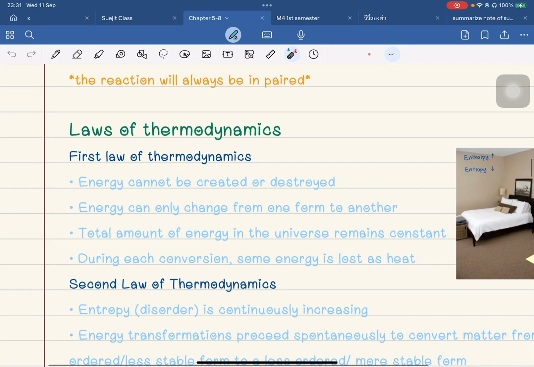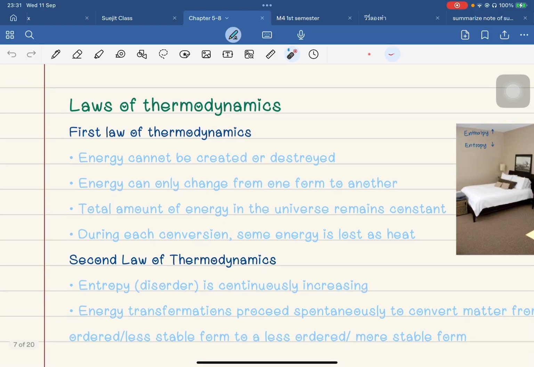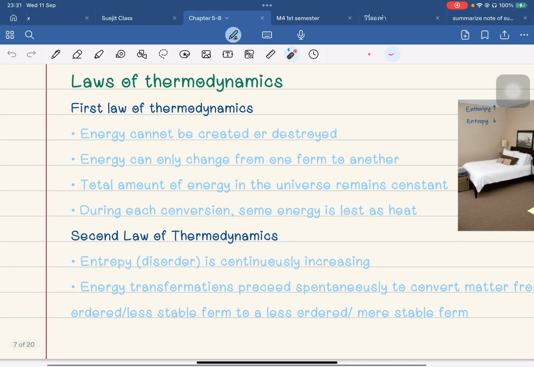Next, we have the laws of thermodynamics. The first law of thermodynamics is that energy cannot be created or destroyed. Energy can only change from one form to another, and the total amount of energy in the universe remains constant. During each conversion, some energy is lost as heat.